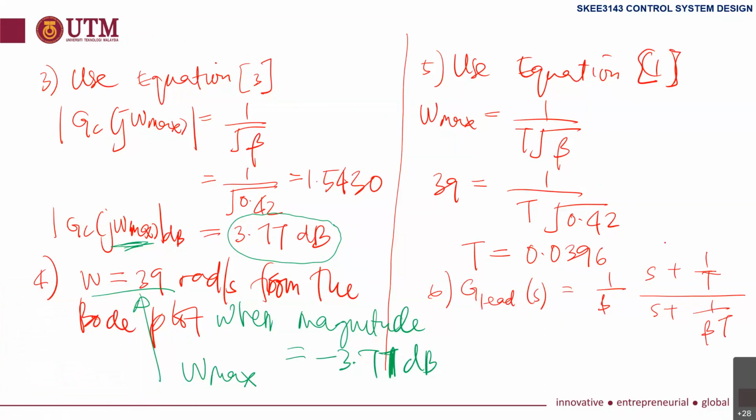Here we get 0.42. So if you solve, you will get 2.38 times S plus 25.3 over S plus 60.2. That is the transfer function of the lead compensator.